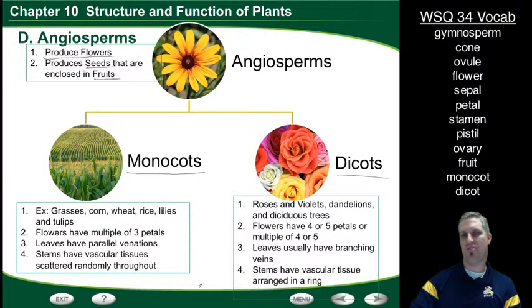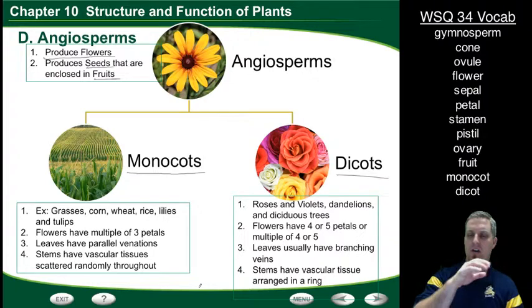Dicots on the other side are made up of roses and violets, dandelions, and deciduous trees. These have flowers that are usually multiples of 4 or 5 petals. The leaves usually have branching veins, which are a little bit different, like pinnate or palmate venation.